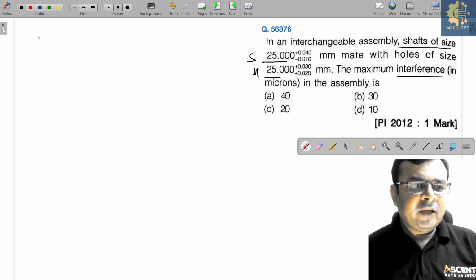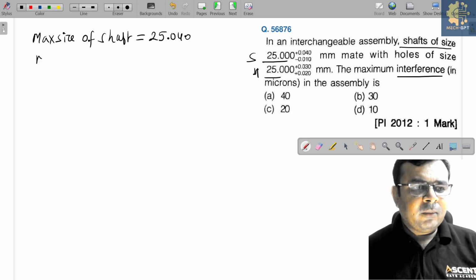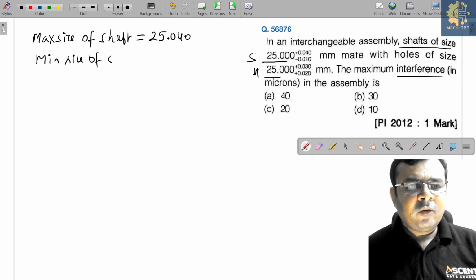So let's see, the maximum size of the shaft is 25.040. And what about the minimum size of the shaft? Simply it can be written as 24.990.